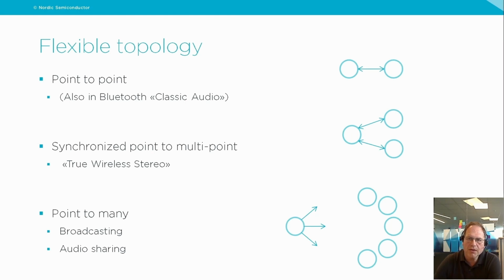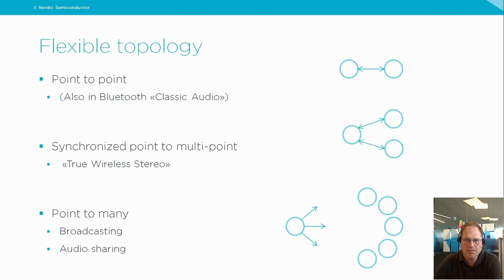The point-to-point is a connected mode, and it can be unidirectional or bidirectional. This could be audio from a phone to a headset with microphone for teleconferencing, or it could be unidirectional audio from a doorbell to a set of hearing aids.